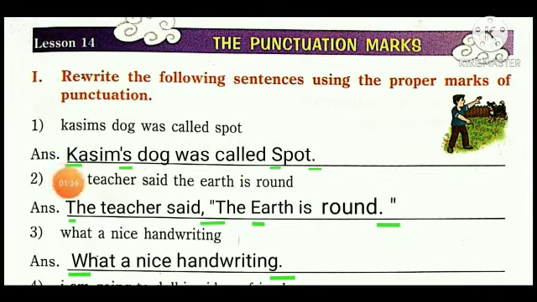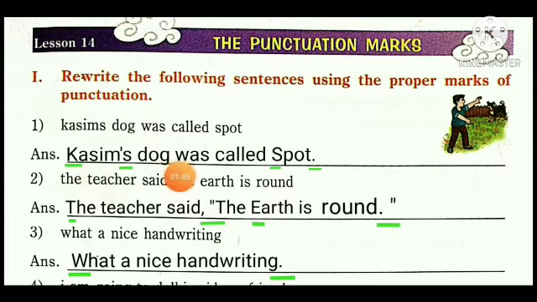In Kasim's, the K was small, and here it is capital. At the beginning of the sentence, the first letter is always written capital, so we used K here. Then the apostrophe, because the dog belongs to Kasim, so apostrophe S shows the dog is belonging to Kasim.